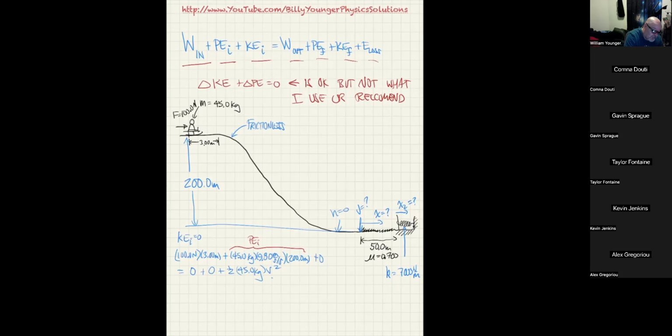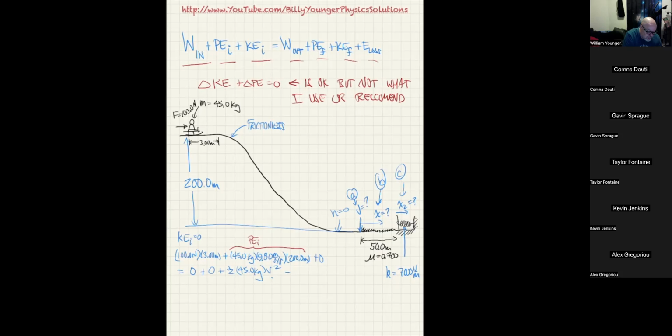So this is what I'm calling part A. This is what I'm calling part B. And this is what I'm calling part C, even though you might not be able to do B or C if A works out a certain way or B works out a certain way.